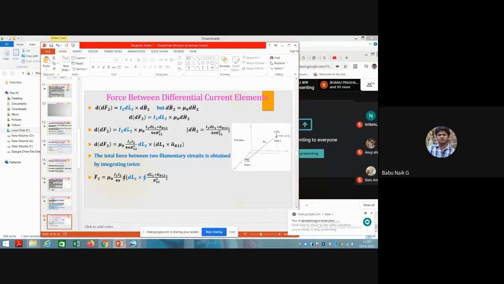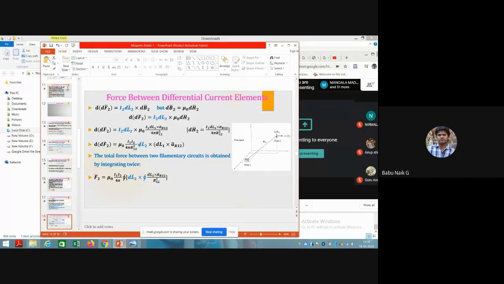The same equation: d(dF2) equals I2 dL2 cross dB2, and we have seen what dH2 is, so you can substitute it here in terms of the magnetic field. dB2 equals mu naught times dH2, so mu naught times dH2 is the complete expression after substituting.